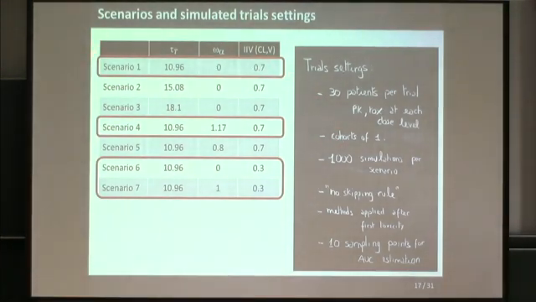The first was our core scenario, since we use the tau t suggested from the paper of Evelina and the inter-individual variability of the paper of Lestini. Then we decided to change the parameters in order to see how the results change. For the trial setting, we use 30 patients per trial, with 1,000 simulations per scenario.